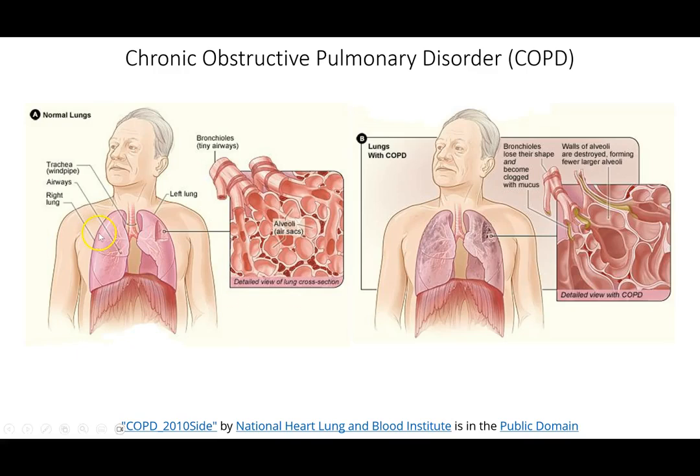So in normal lungs, we are going to have the trachea down into the bronchi, down into bronchioles, and then into the alveoli. Well, with COPD, the bronchioles start losing their shape and getting clogged with mucus, and then the walls of the alveoli slowly get destroyed, which is going to form fewer larger alveoli, which is still not going to be enough surface area for the amount of gas exchange that is ideal for us.